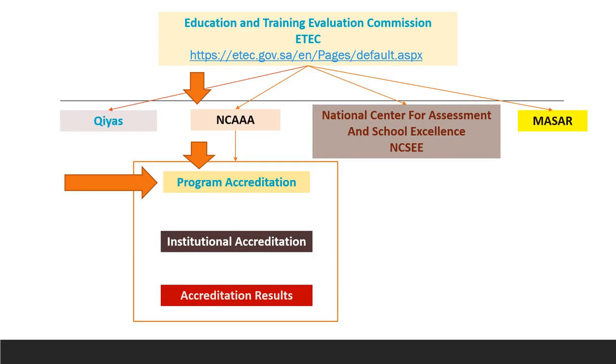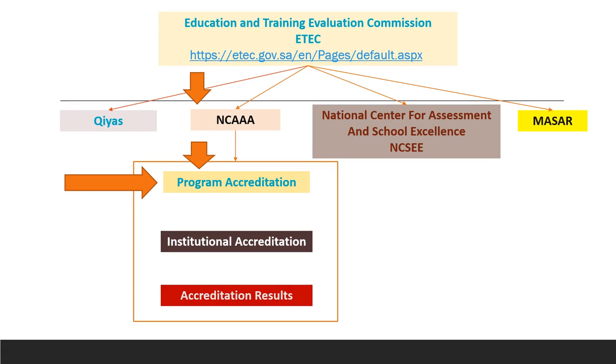As you know, the NCAA is working under the umbrella of the Education and Training Evaluation Commission in the Kingdom of Saudi Arabia. The Education and Training Evaluation Commission has four main parts.